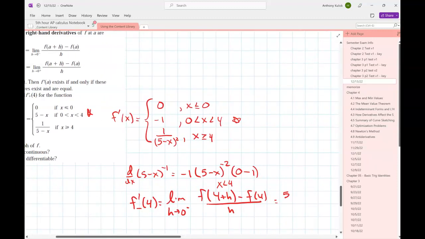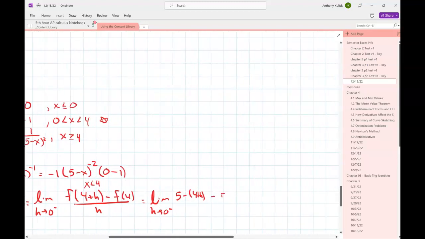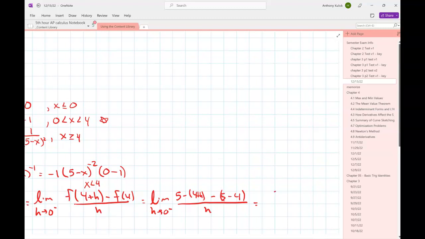So I'm going to have the limit as h approaches 0 from the left of 5 minus (4 plus h) minus (5 minus 4) over h. So when I evaluate this down, I'm going to get (1 minus h) minus 1 over h, and I still have that limit.